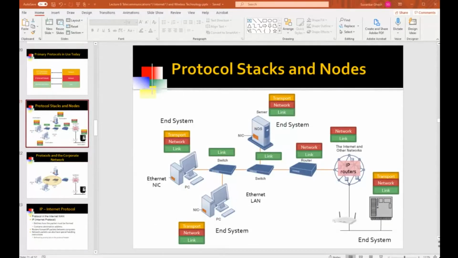Now, there are different types of nodes in the computer network. And so we should really first define what they are. So we have routers, switches, and end systems in a computer network. End systems are like your PCs, servers, laptops, tablets, even a smartphone is an end system.